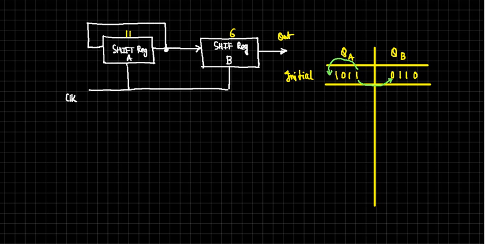I may write the output there also, no problem. So write the output bit also. Assume that it's 0 right now. So what happens? Now this will serially shift, right? So this 0 will appear here.